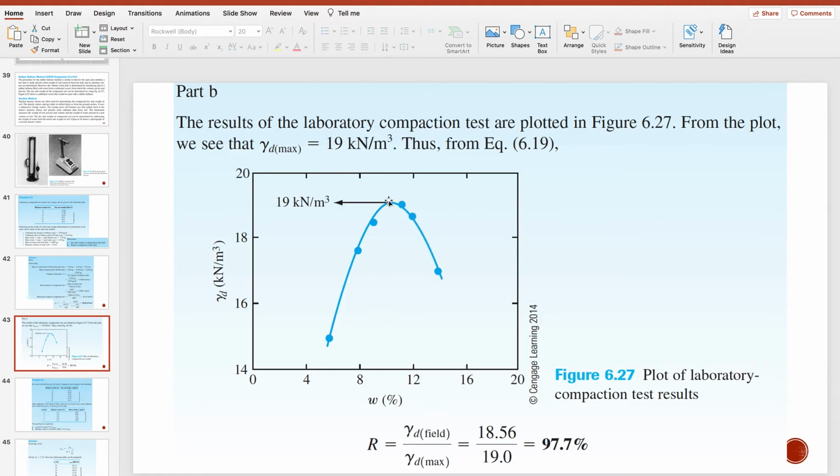Yung pinakamataas or the peak of the graph, hanapin nyo yung point na yon, project it horizontal, then that is your maximum dry unit weight.